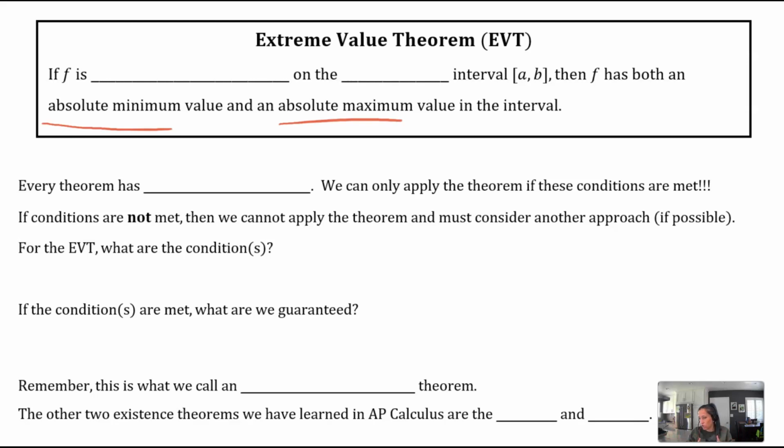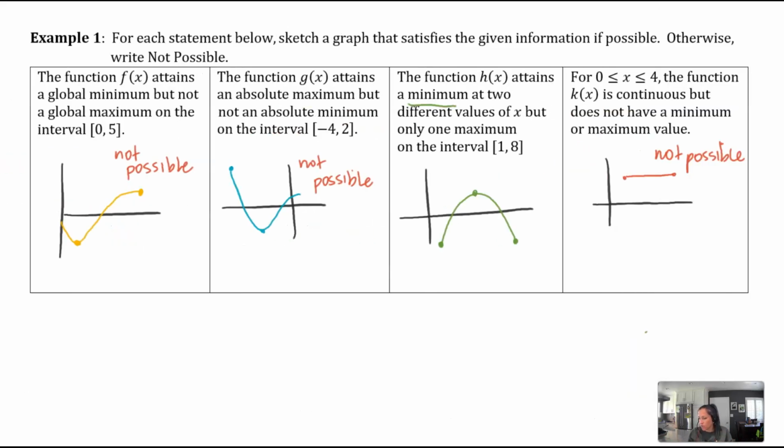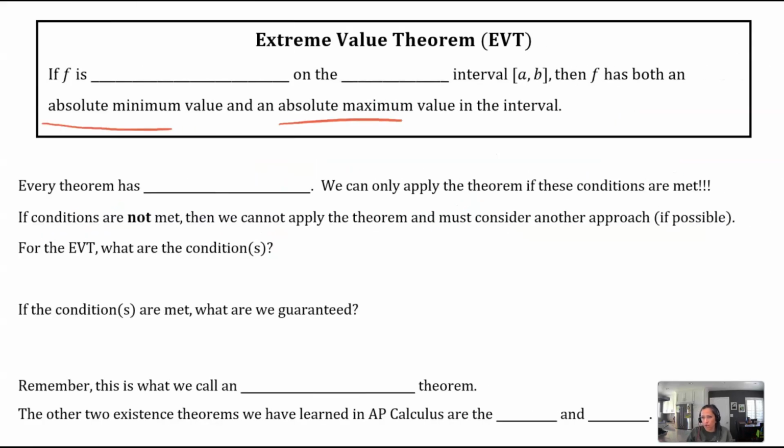We have 2 conditions. Think about these drawings I had. I kept all of my graphs continuous just because that's how my brain works. But that is one of our conditions. We need a continuous function and it needs to be on a closed interval.